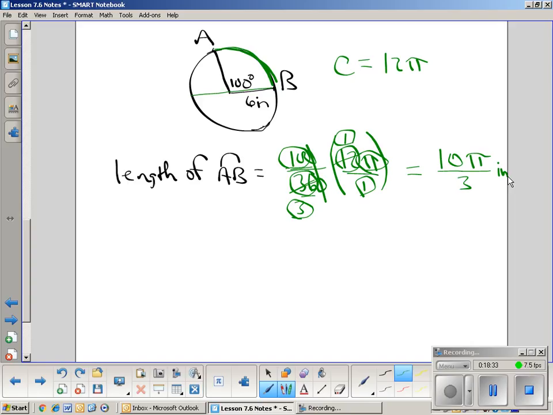All right? Good. So if they say to round, though, I would have done it back here when I had 100 over 360 times 12 pi. And I just plug that in my calculator. 100 over 360 times 12 times pi. I get the answer. It'd be the same. Okay? There really is no way to mess that up.